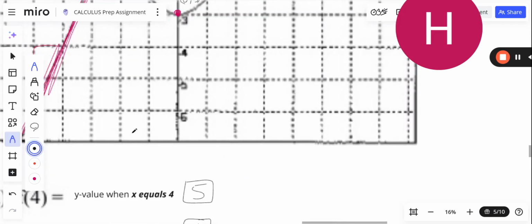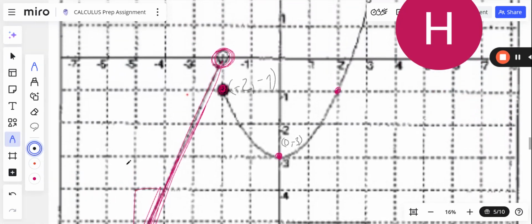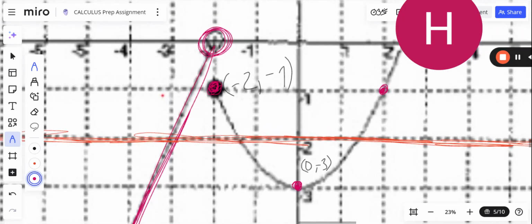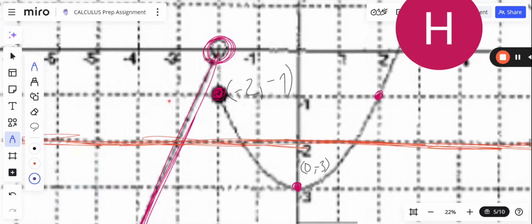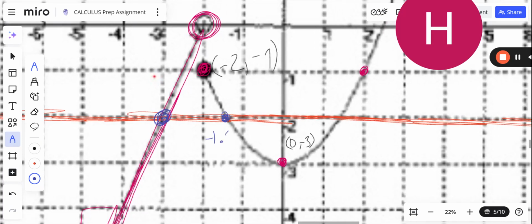So what we're going to do is very simple. We're going to draw a line at y equals -2. And you see how it crosses the function several times? We want all of the x values where it crosses. So it looks like we're going to get a spot here at x equals -3. It looks like we're going to get a spot here at what seems to be approximately -1.5.